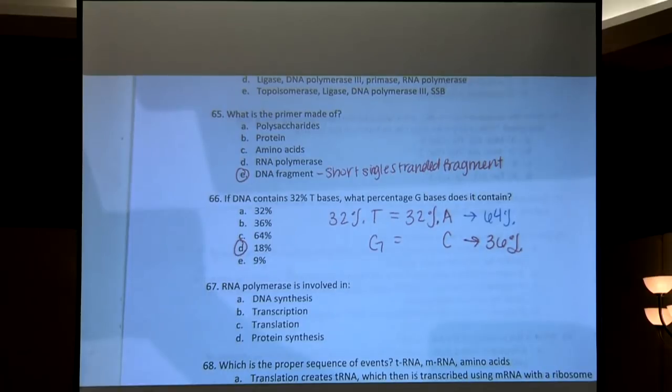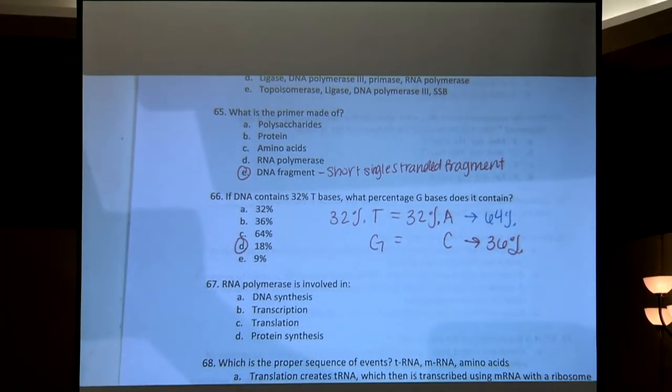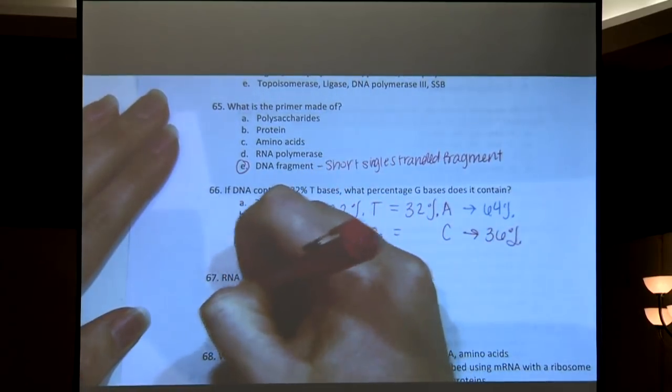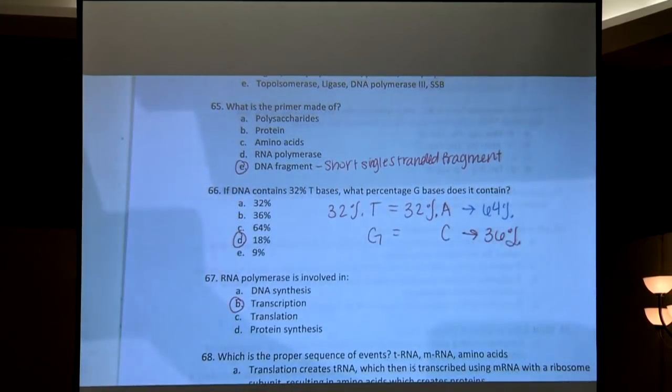For 67, is RNA polymerase involved in DNA synthesis, transcription, translation, or protein synthesis? What do we think? Good, so RNA polymerase is special for transcription. It's very similar to what we have for DNA synthesis with our primer, but we don't use a primer.